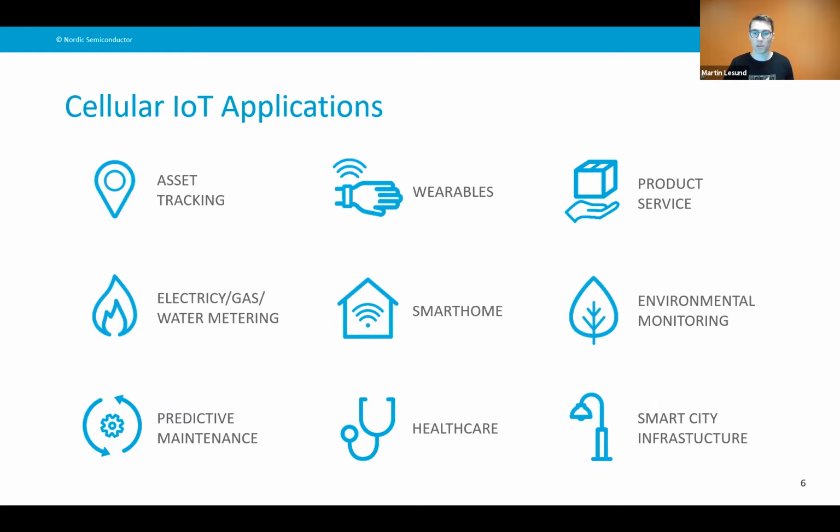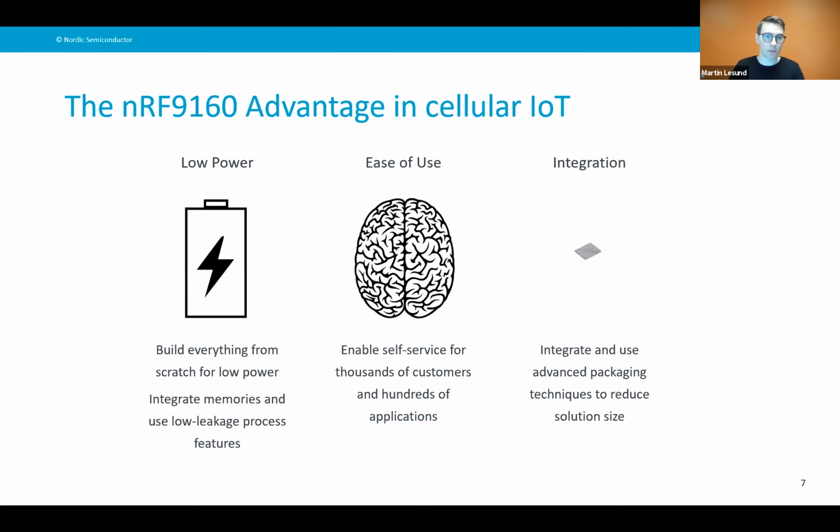Smart home, environmental monitoring, for example, checking the oxygen level or the pollution in traffic. Predictive maintenance, having a sensor in an elevator that can set off an alarm if it needs some maintenance. Healthcare, and of course, smart city infrastructures. It's just some of the cellular IoT applications.